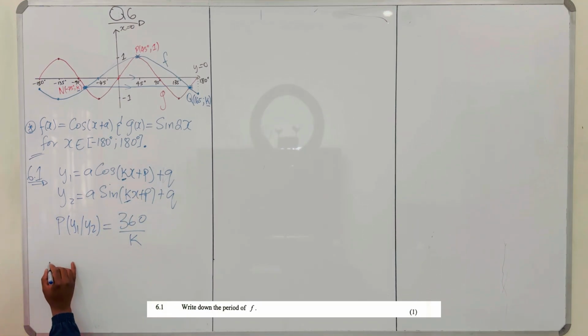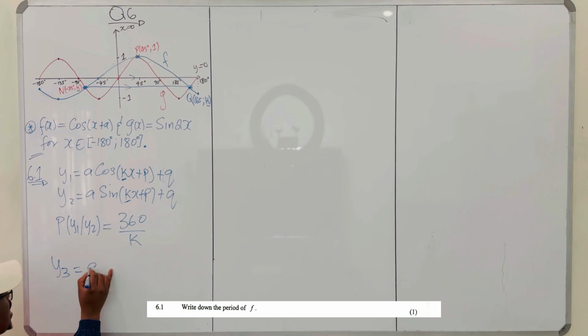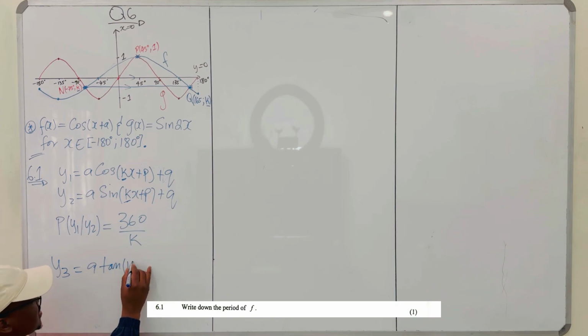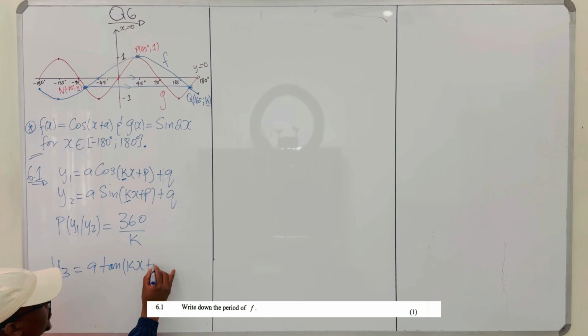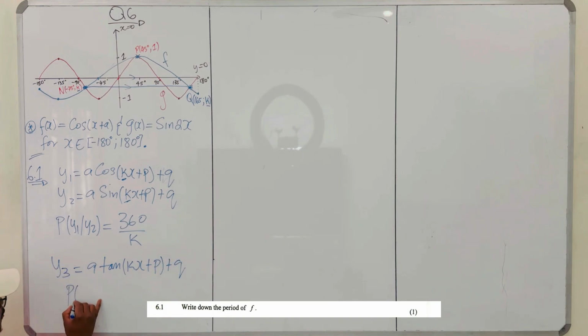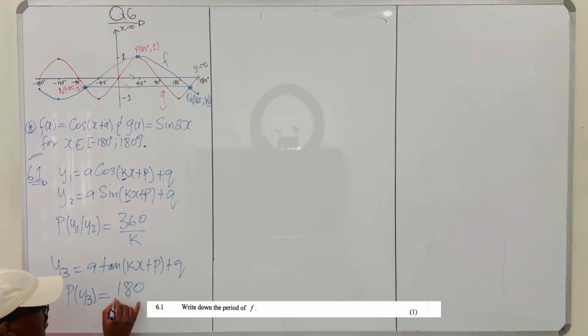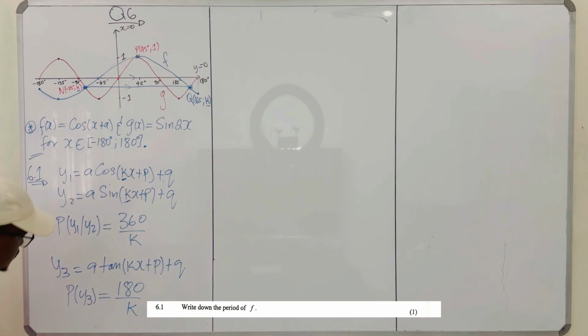Then, if you have y3 equal to a tan kx plus p plus q, the period for y3 would be 180 degrees divided by k. That's how you calculate the period if you can read it from the function straight away.